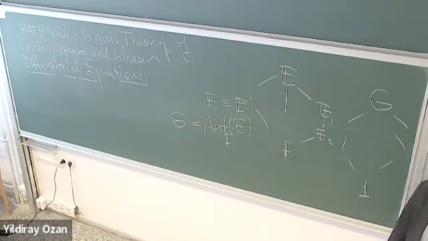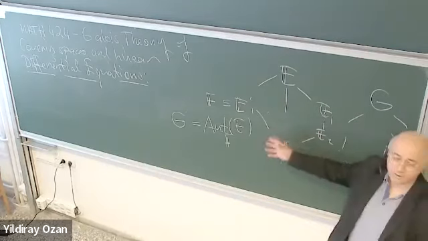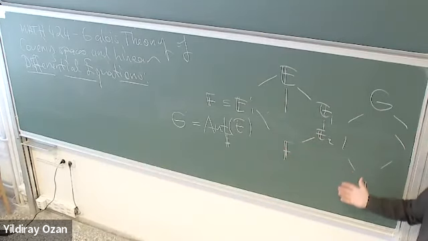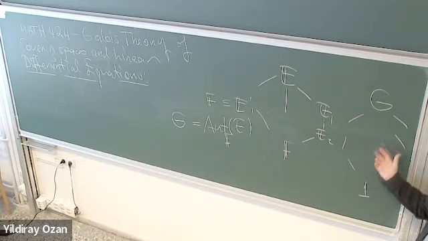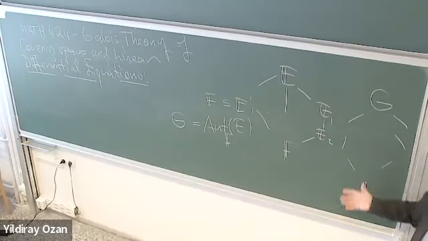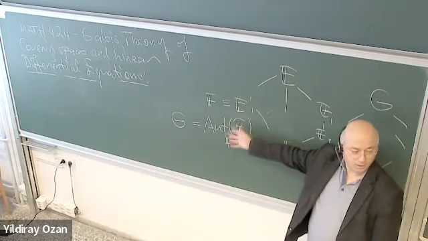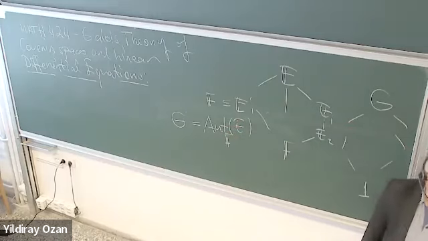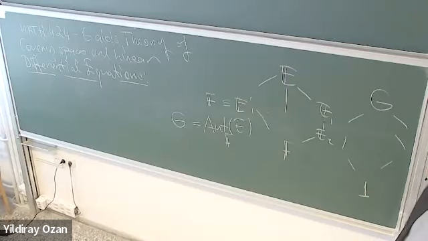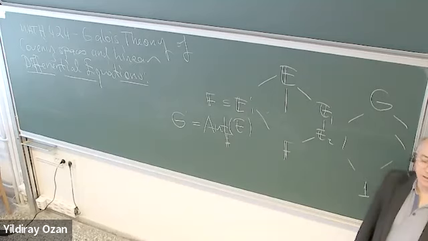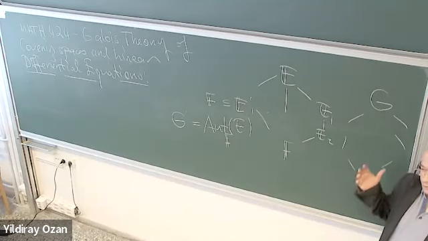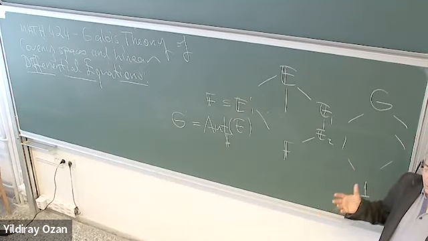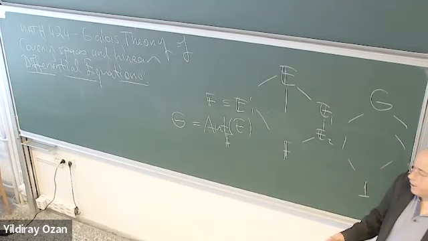And properties of the subfields are reflected to the properties of subgroups. For example, when a subgroup is normal, that is a corresponding property in case of subfields, okay? This is known as Galois theory, and using this theory, we can say a lot of things about fields, and we can talk about solutions of algebraic equations and so on.